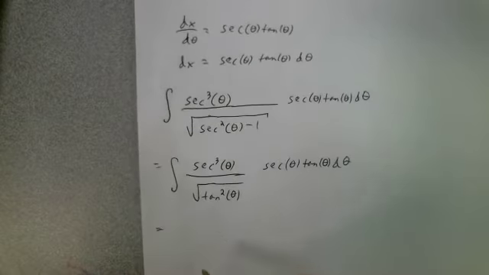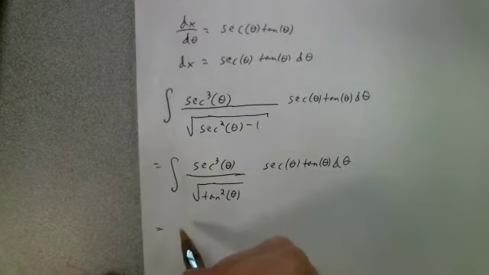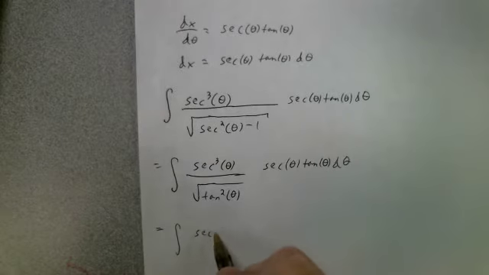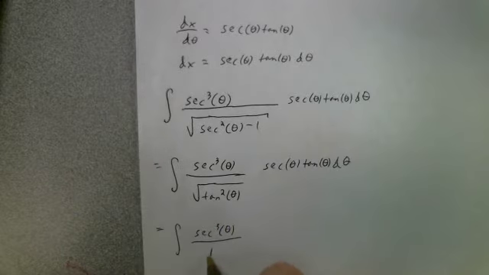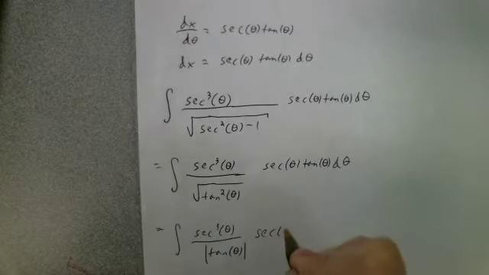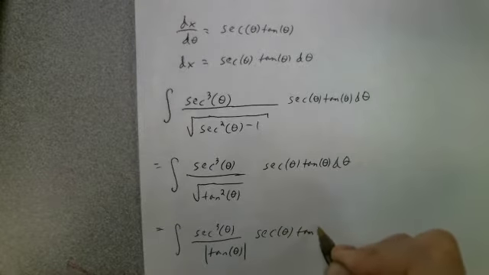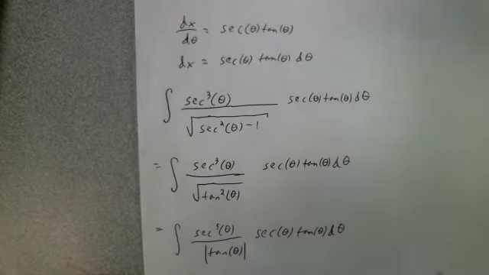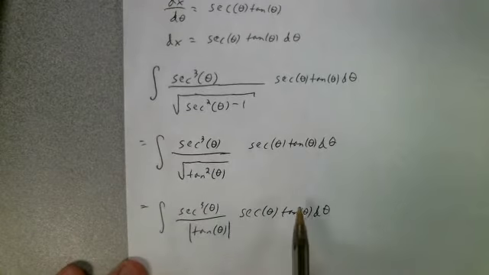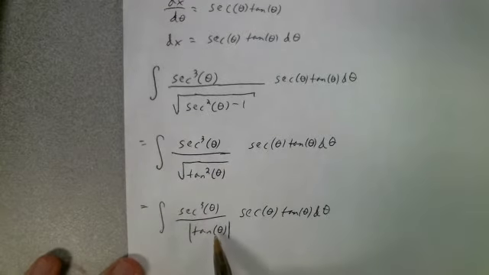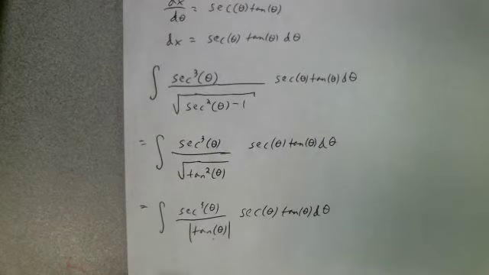Square root of tangent squared is absolute value of tangent. And now we're in the same scenario that we were in before, where we're like, oh man, I really want to cross off these tangents, but I can't because of that absolute value. So we got to say, well, can we do something about those absolute values?